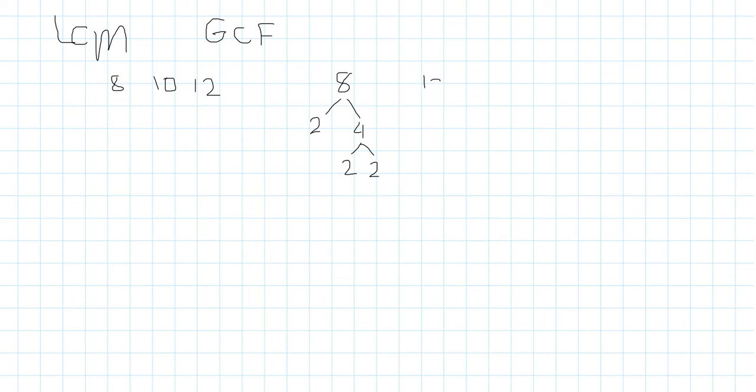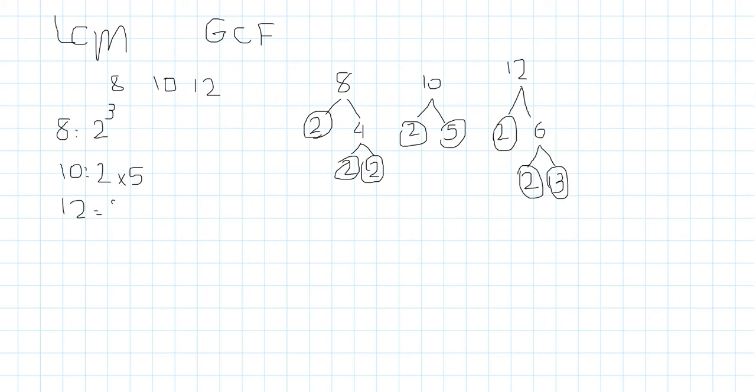For 10, 10 is divided by 2, it is 5, and because both are prime numbers I cannot continue more, so I say 10 is finished. And for 12, I divide by 2, it is 6, and 6 is 2 times 3.